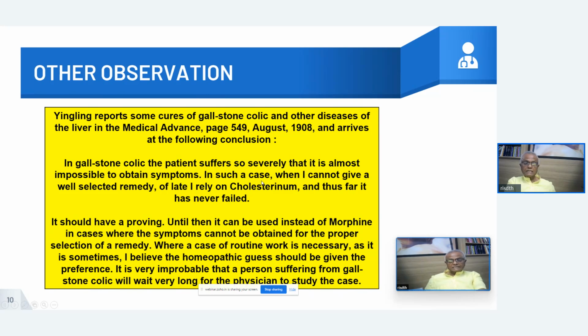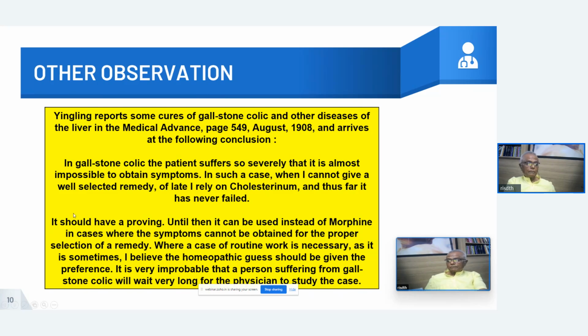In such a case, when I cannot give a well-selected remedy, of late I rely on cholesterinum, and thus far it has never failed. Now, this is the reading for when you are in cases of emergency and you don't have any other idea coming up, let us try with cholesterinum.